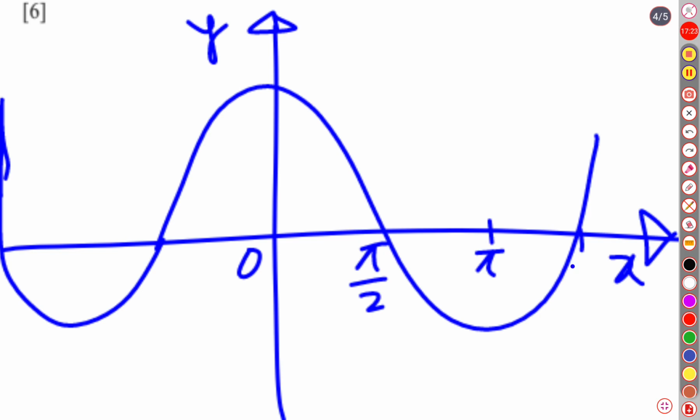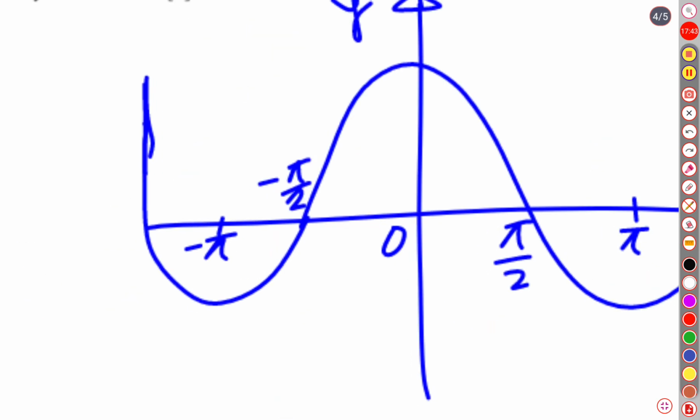Then let us find, here it is negative pi over 2, this is negative pi, and after that it is negative 2 pi.